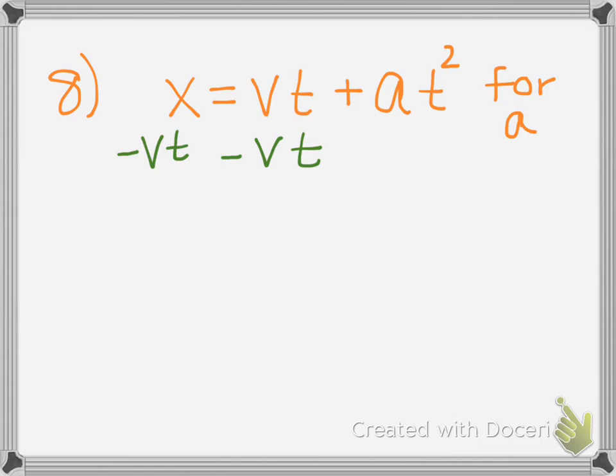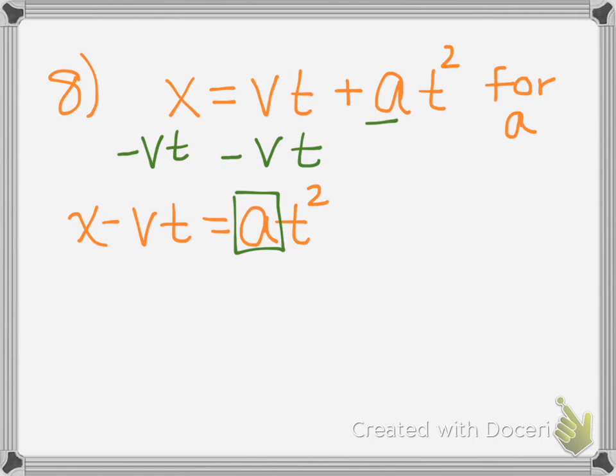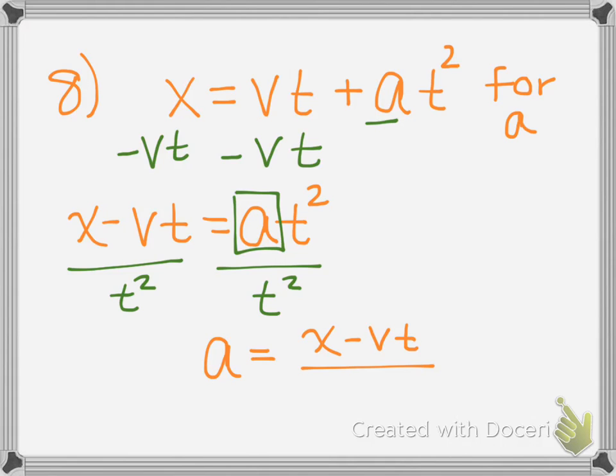So then I have x minus v times t is equal to a times t squared. And since I want a by itself, I'm going to divide both sides by t squared. So my final answer is going to be a is equal to x minus vt all over t squared.